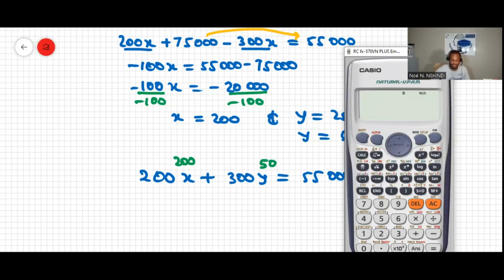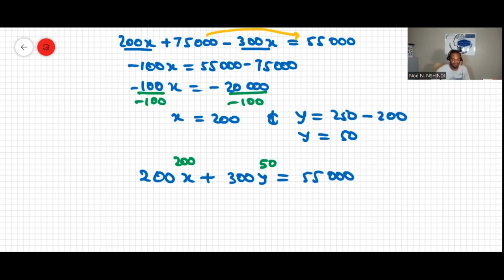So 200 times 200 plus 300 times 50, and then check if this is 55,000. Yes, it is. So this means X is 200 and Y is 50.